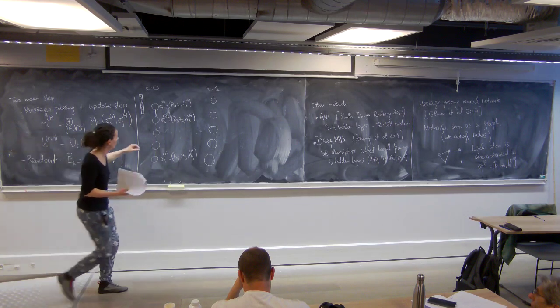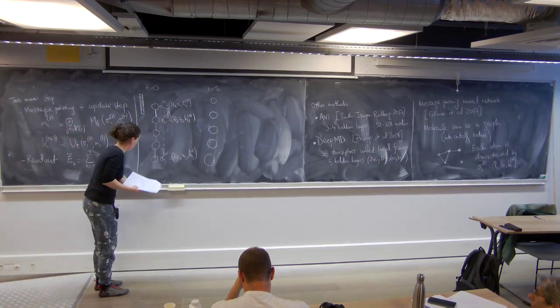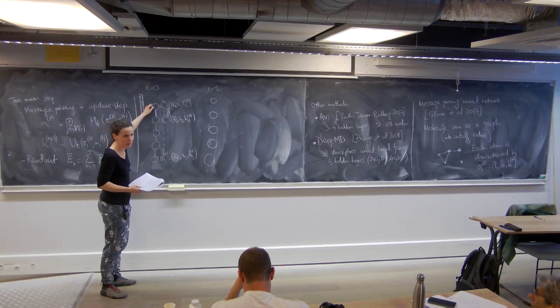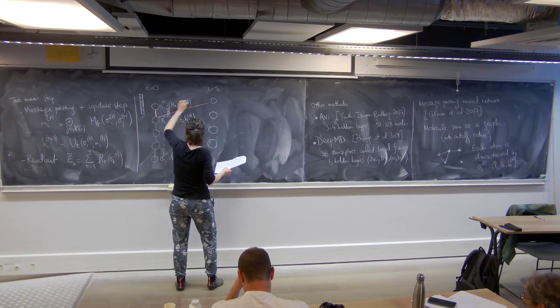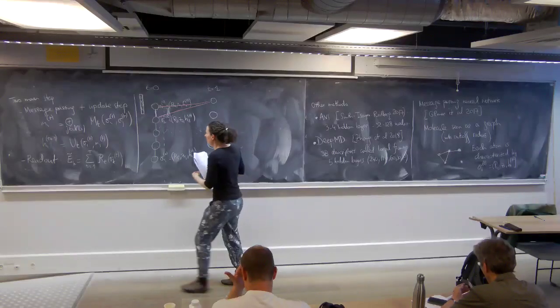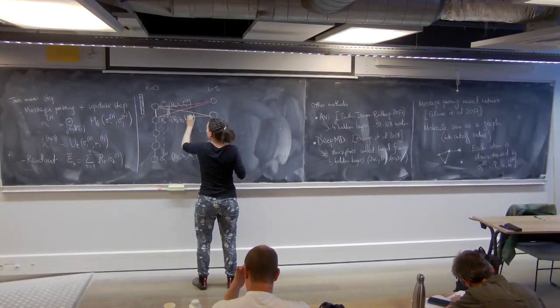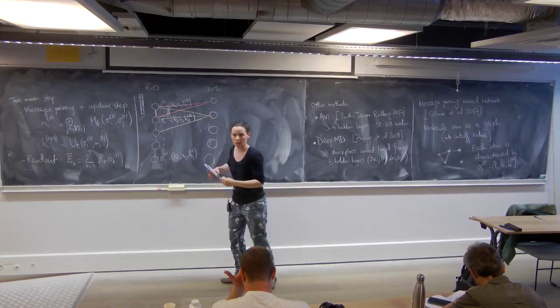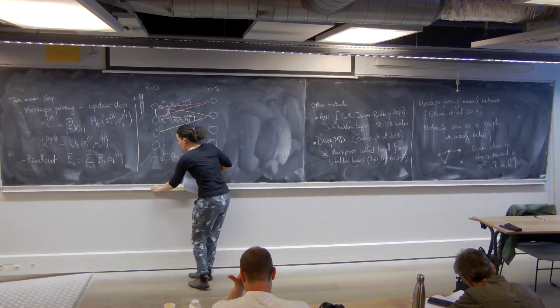For example, this atom will only interact with this one, so I will only have information going from this one and this one. Then for the second one, I will most likely have something that depends on these 3 atoms, and so on.